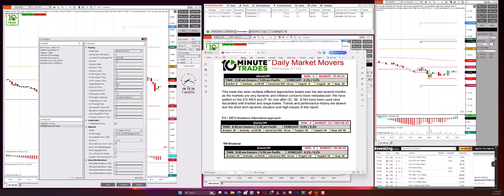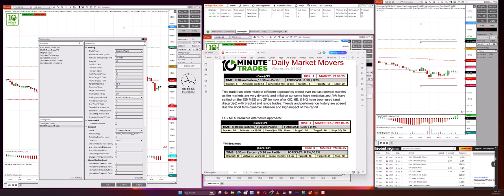The stop is 50, and if I hit my first target, I will use the target one stop move to go to break even minus 5 ticks.